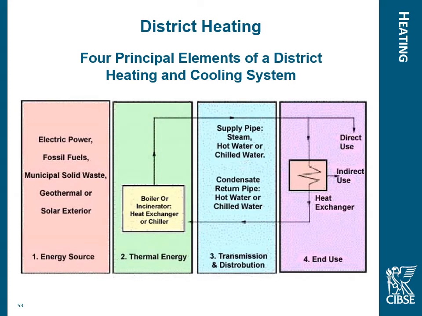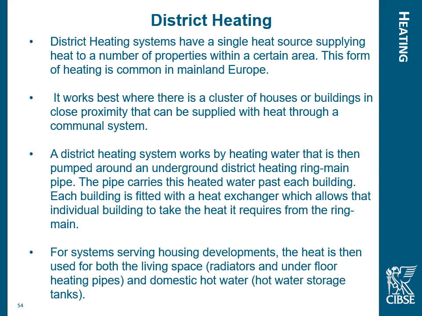So some sort of fuel provides heat into a boiler or incinerator, a supply network which can be challenging in city centres, and heat exchangers providing heat into various areas. Having a single heat source works best where there's a cluster of houses or buildings in close proximity. District heating works by heating water, which is then pumped round an underground district heating ring main.